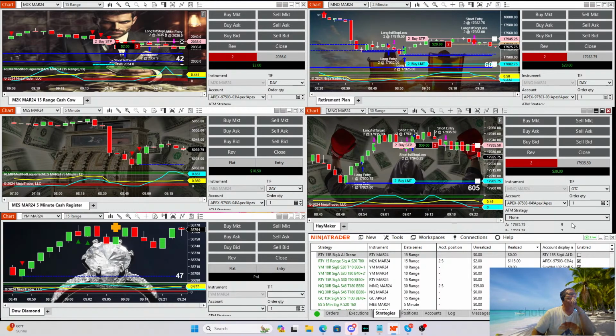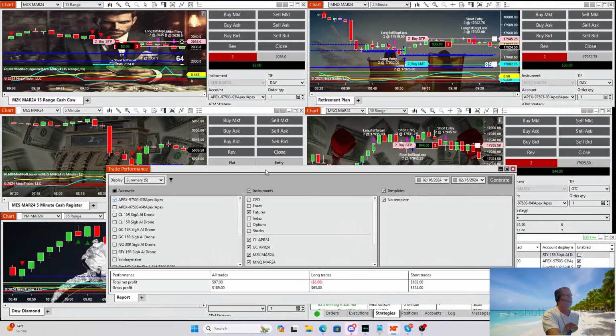So this trade here on the haymaker is coming down nicely. And I just want to keep an eye on where I am for each strategy. Pre-market on account number 3, I'm at about $90 right now.